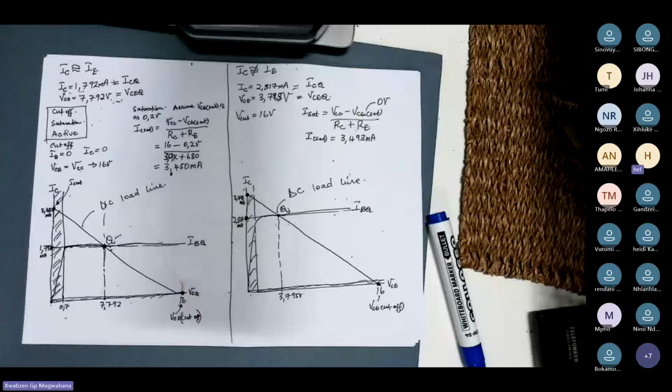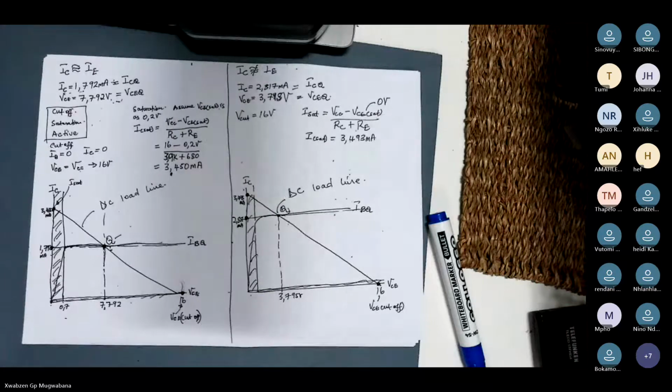Is it making sense? So one of the conditions will be given. What do you mean, one of the conditions will be given? Say use IC is equivalent to IE.